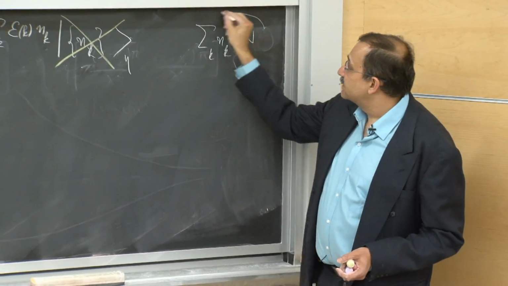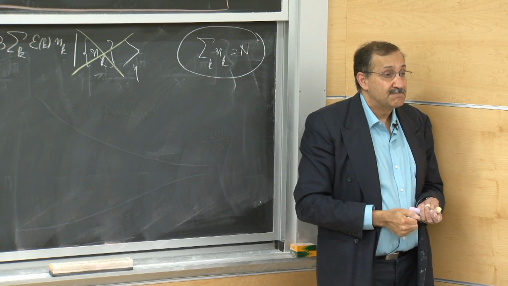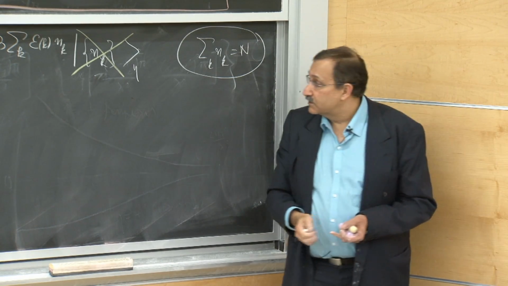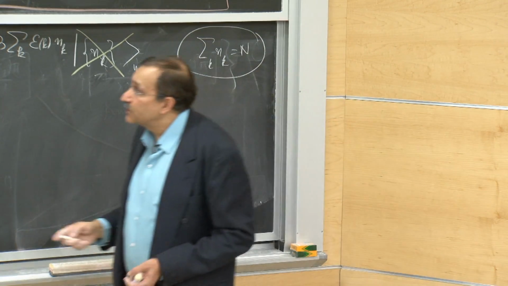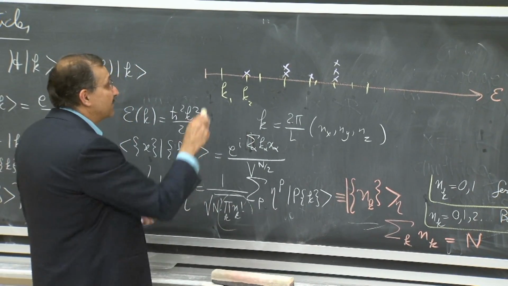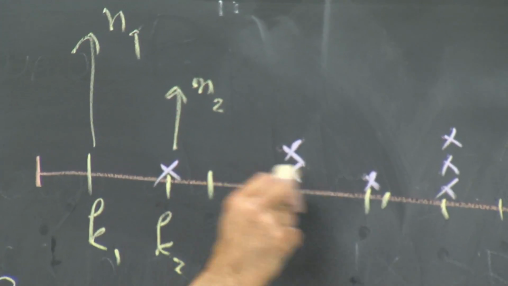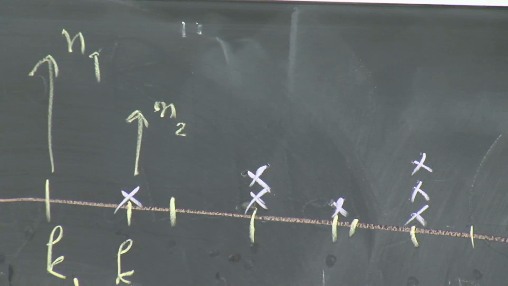Well, the problem is this, that I can't sum over each nk independently, right? So I have essentially, in the picture that I have over here, some n1 here, some n2 here, some n3 here, which are the occupation numbers of these things.